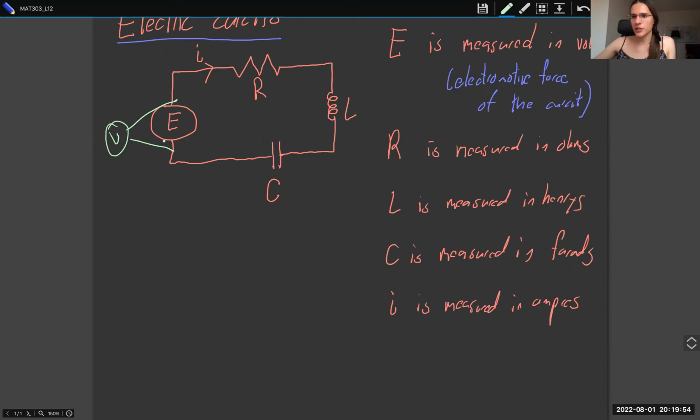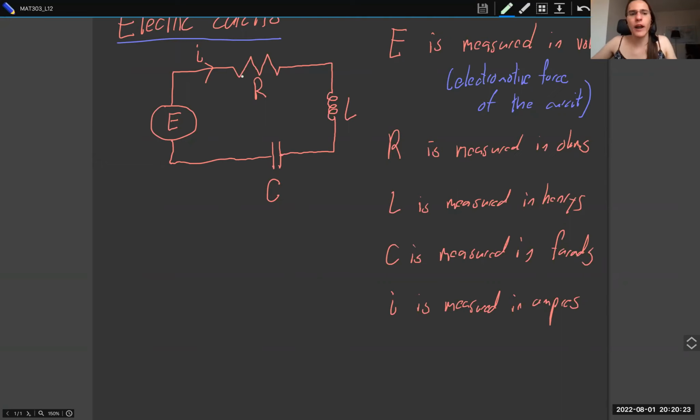You can think of voltage as a potential energy thing, and the difference between the potentials is meaningful. The way batteries or electromotive things work is that the voltage drop across them is defined as being whatever the value of E is. So no matter what, the voltage difference between here and here is going to be E.